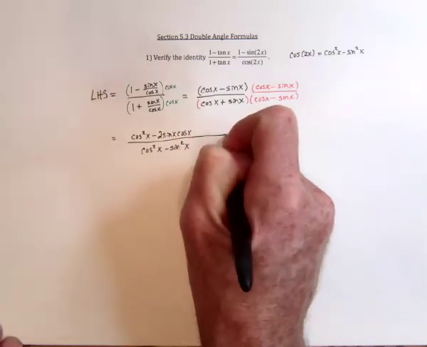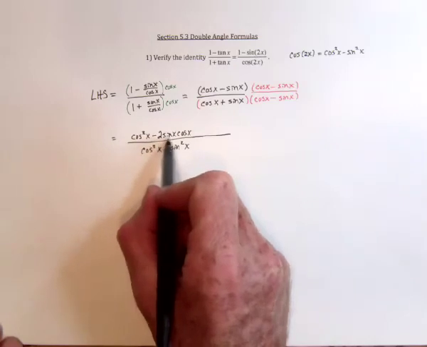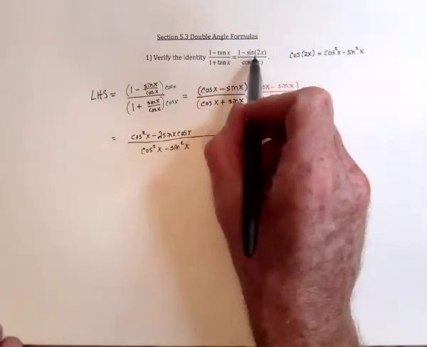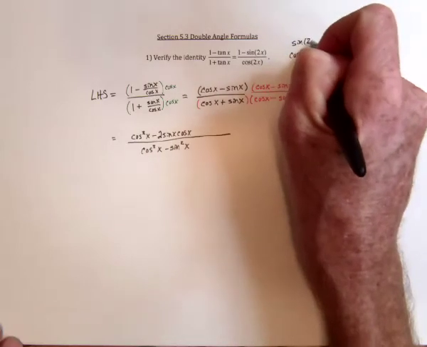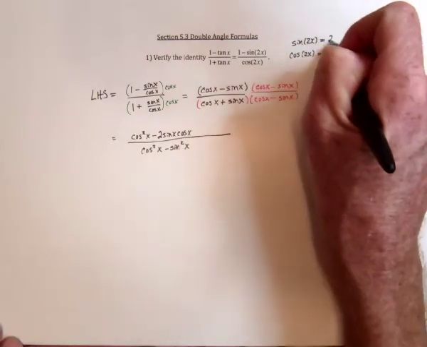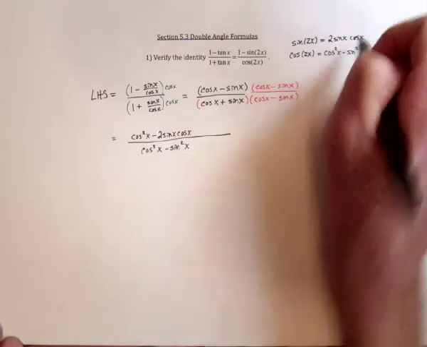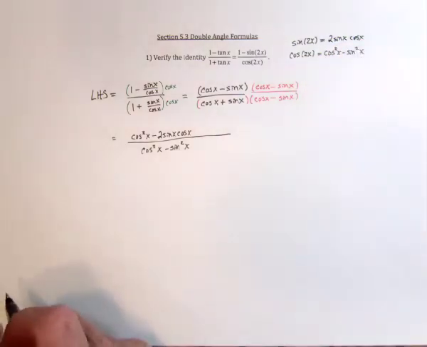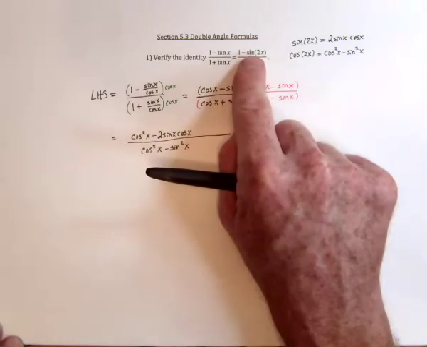And then a little bell just went off in my head saying, hey, wait a second, that's the identity for sine of 2x. So with sine of 2x, there's only one identity, namely 2 sine of x times cosine of x. So you need to know these identities well enough that when things like that show up, your brain automatically says, hey, good news, that's what we were trying to get.